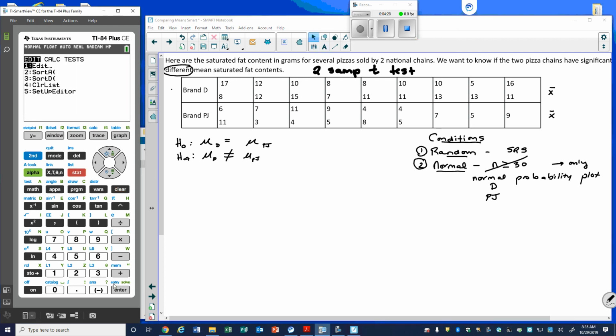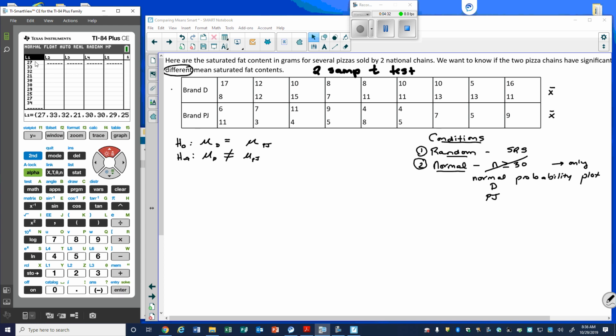So if I go to Stat Edit and type in my information here, I have some old information up there. I'm going to go up to L1 and hit Clear and then come back down to wipe that out. And in L1, I want to make sure that I enter the data for whatever the first brand is that I listed in my hypothesis, which was brand D.